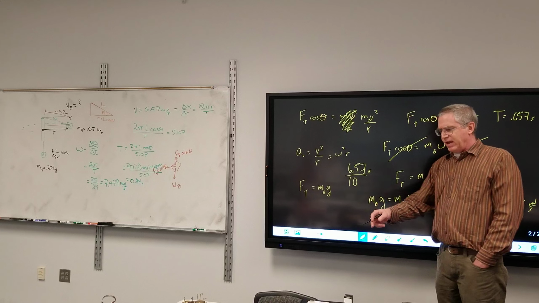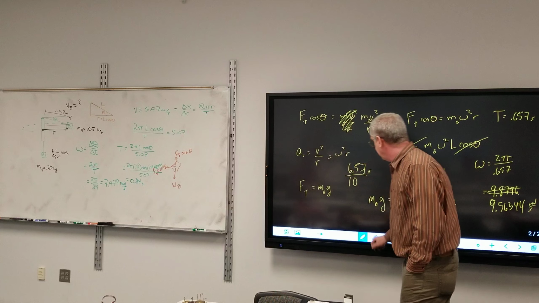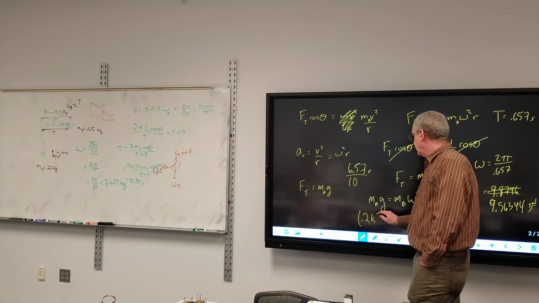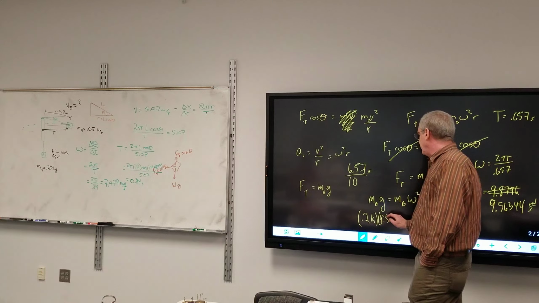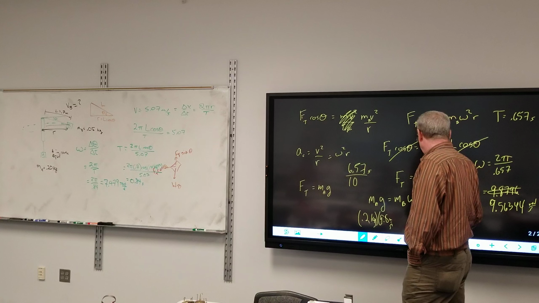So the mass of A, I'm going to trust it, although you shouldn't necessarily. So this is 0.2 kilograms times 9.8. You know what? We can do better than that.